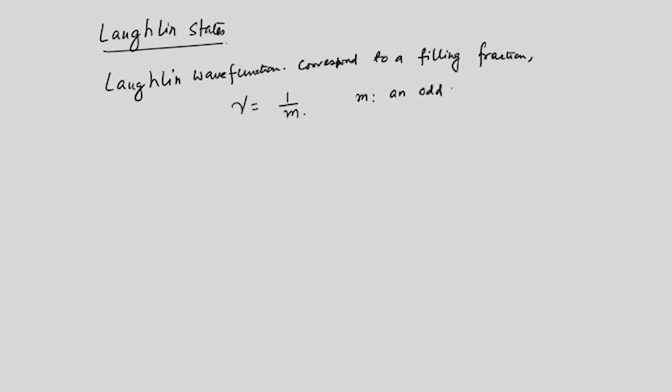And you might wonder, this m has got nothing to do with the mass, m is rather the quantum number corresponding to Jz, the z component of the angular momentum, which is what we have seen.